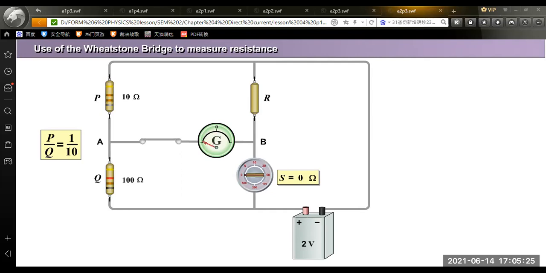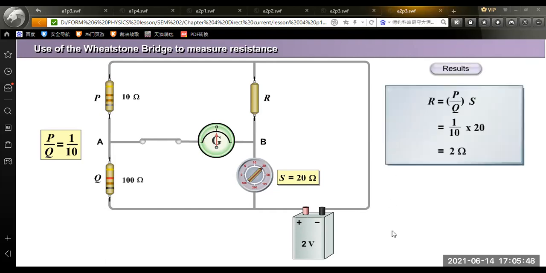Once I get the balance point by using P over Q equal to R over S, P is 10 times smaller than Q, so R should be 10 times smaller than S. So this one is 20 ohm, 10 times smaller, R should be 2. By using the formula, we get that the resistance of R will be equal to 2 ohm.